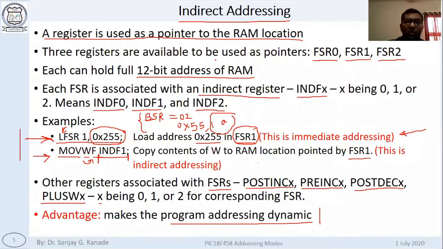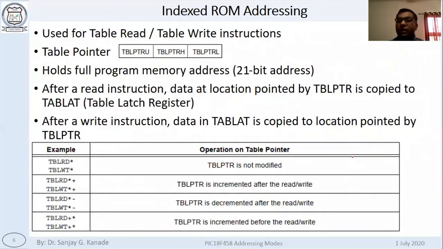You can see inside the instruction, this INDF is not the address of the register where we want to shift the data. It is just indicating that the address is in FSR1, meaning it is pointed by FSR1. Now we will see the fourth addressing mode, and we'll come to an end.